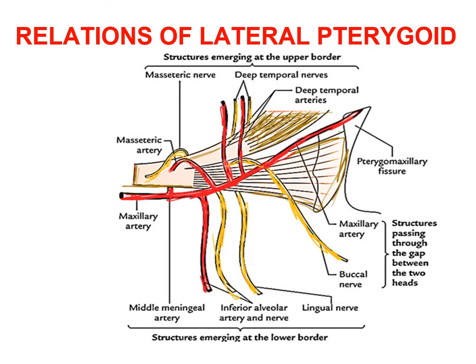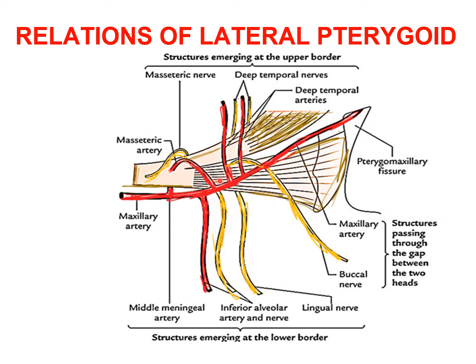The structures which pass through the gap between the two heads of lateral pterygoid are the maxillary artery and the buccal branch of mandibular nerve. The maxillary artery, the first part, runs forwards deep to the neck of mandible and runs along the lower border of lateral pterygoid muscle.